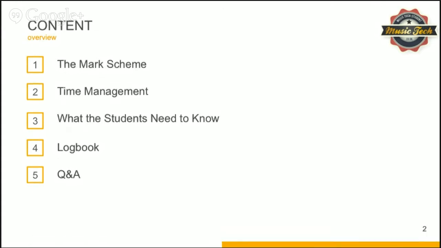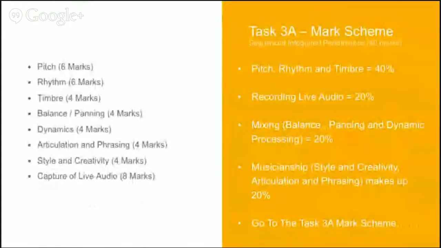Okay, so without further ado, task 3A, what to expect, what's it all about? Same as 1A, a large portion of the marks go to pitch, rhythm and timbre. Only 40% this time, but it's still massively important. What's expected with 3A is that your accuracy of sequencing and your skills have advanced so much that it's going to be that much better.